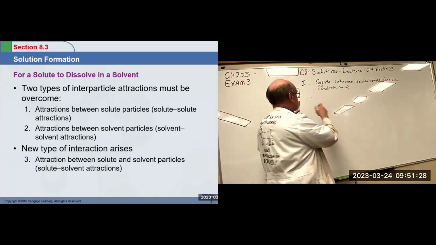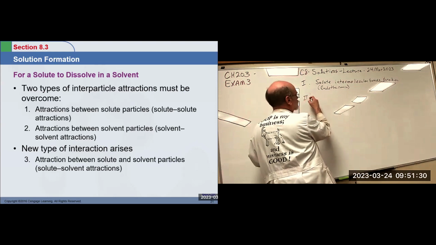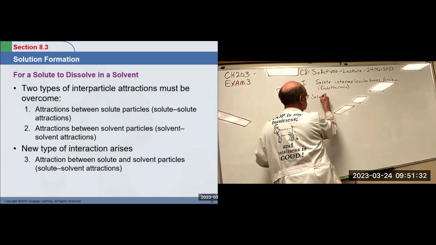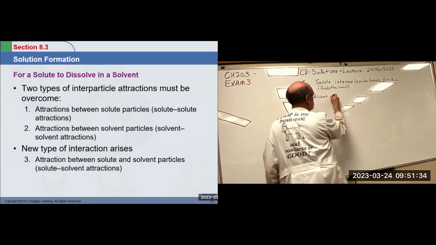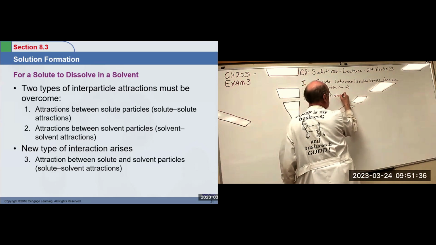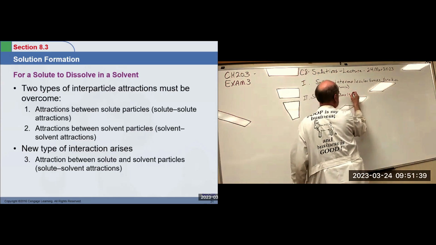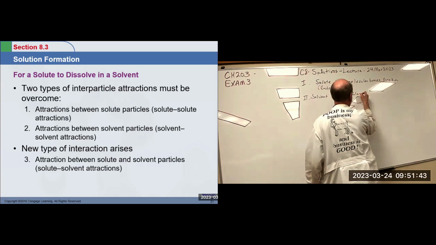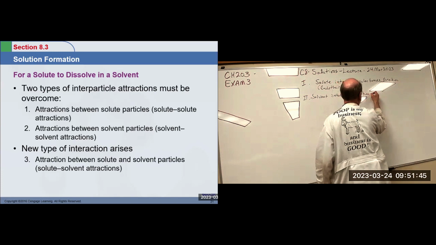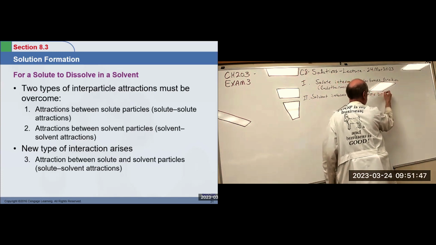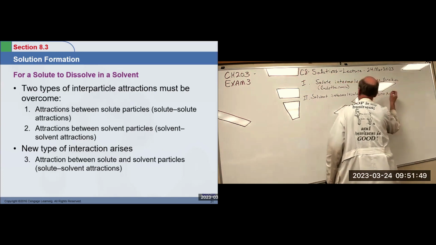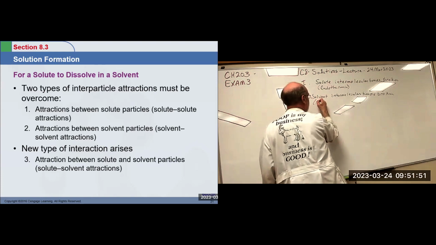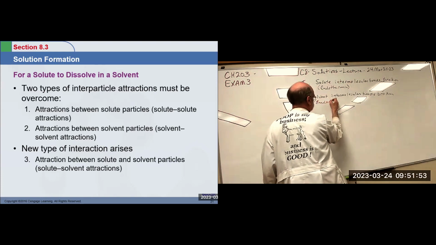Okay, second step has to do with the solvent. The intermolecular bonds holding the solvent molecules together have to be broken. This is also an endothermic process.